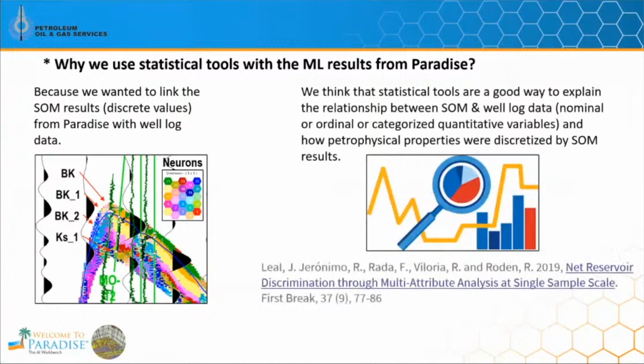We think that statistical tools are a good way to explain the relationship between the SOM volumes and well-logged data and how petrophysical properties were discretized by SOM results. This work that I'm presenting today is based on a methodology published in the September edition of First Break magazine of the EAGE in 2019, and this article is available for you on the Geophysical Insights webpage.